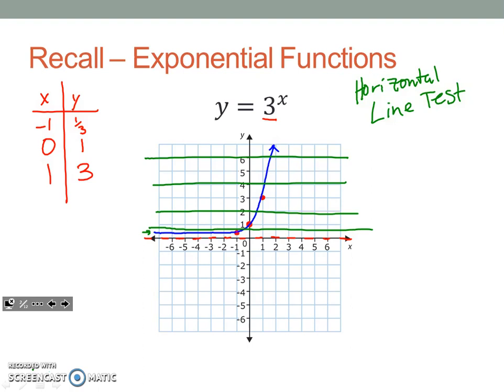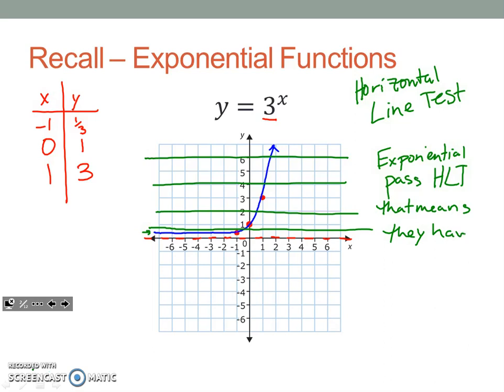So what we find out is that our exponential functions pass our horizontal line test. And that means they have an inverse. So our exponential functions do have inverses because they pass the horizontal line test.